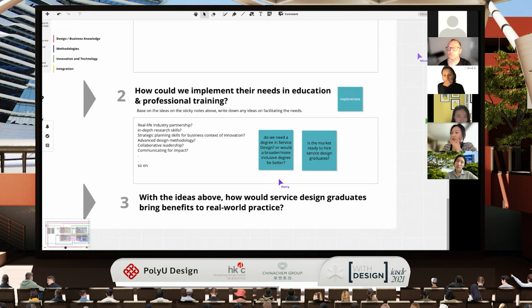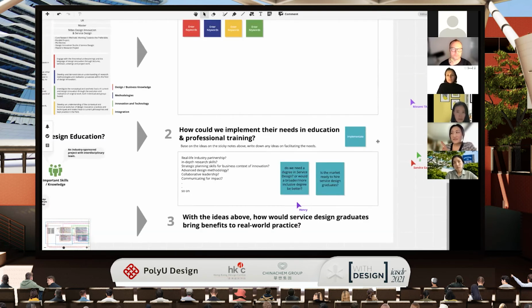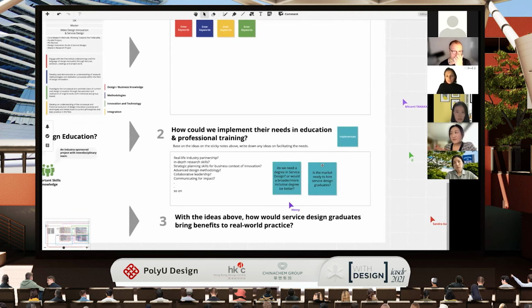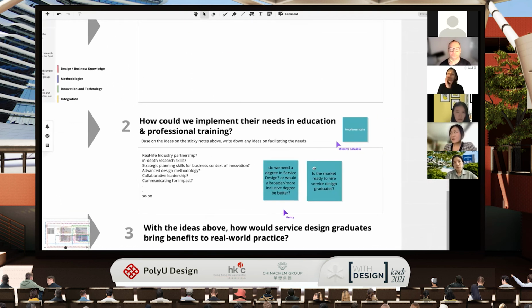Especially in Hong Kong, where a lot of the market is driven by the service sector, it could be useful to cultivate new students who have at least a better understanding of this differentiation, and some needs of the market shift at least.